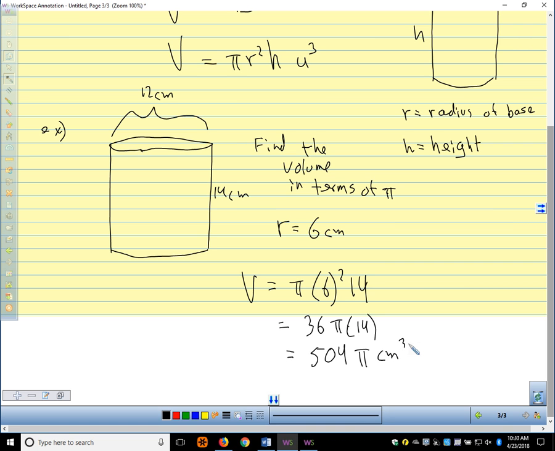That would be my volume in terms of pi. If we wanted to round to the 10th, we'd multiply 504 by 3.14159. All right, questions?